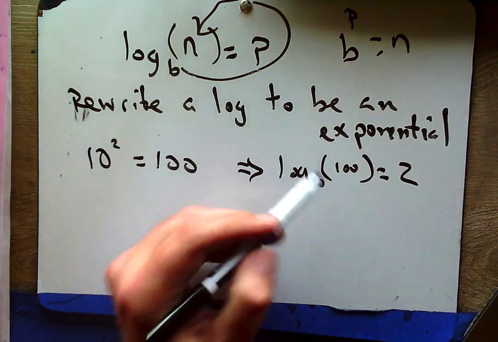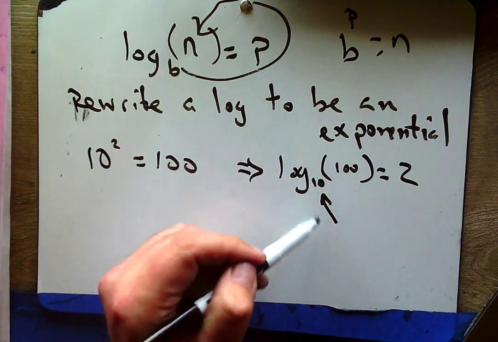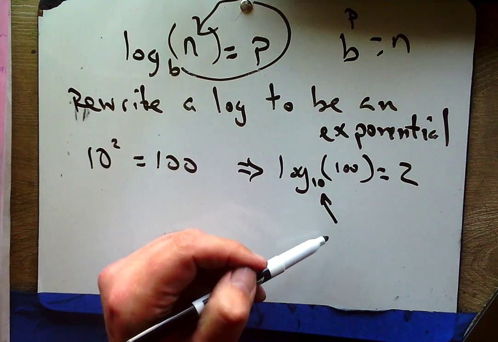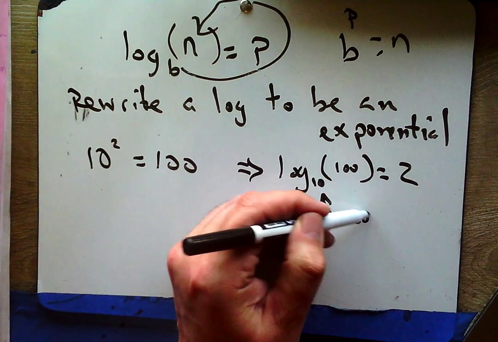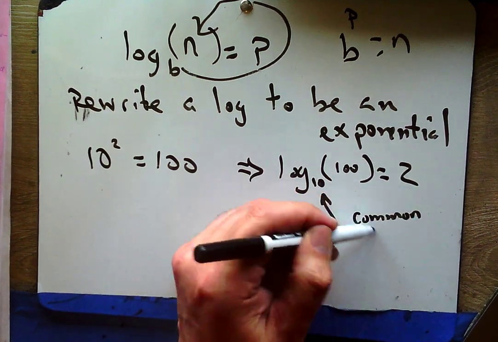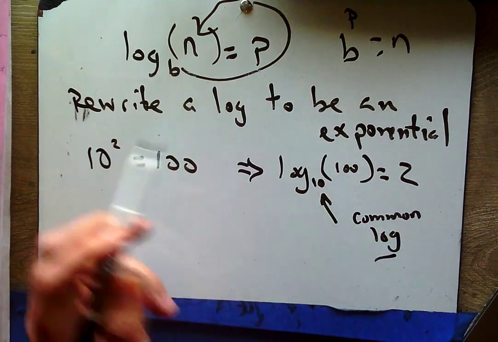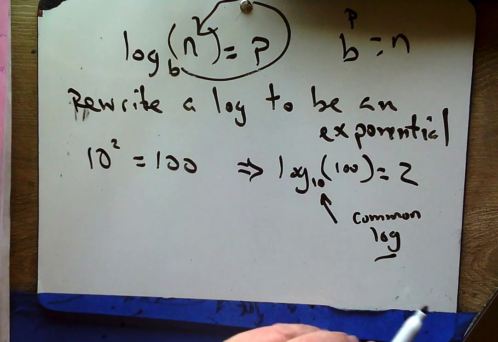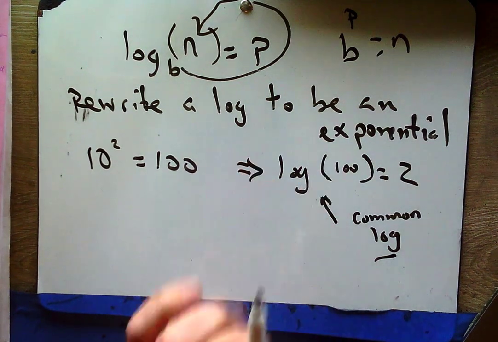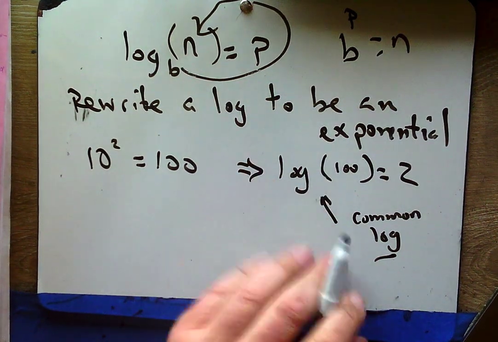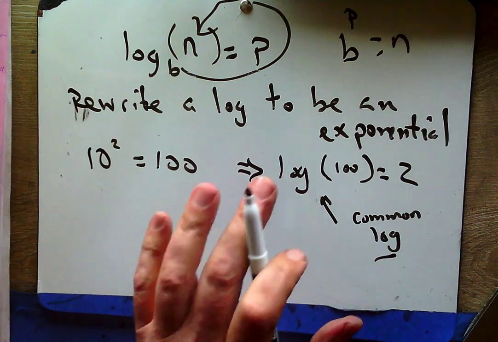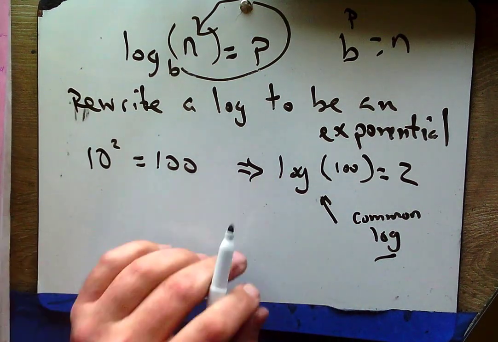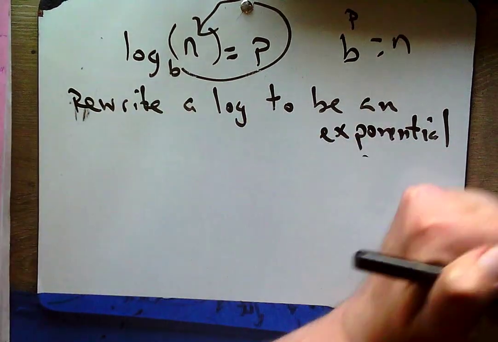Now, remember, log base 10 is pretty common. In fact, this is called the common log. I think ln is even more common, but this one was named the common log. And so often, you won't see anything there. You'll just see log. Log means log base 10. Okay?